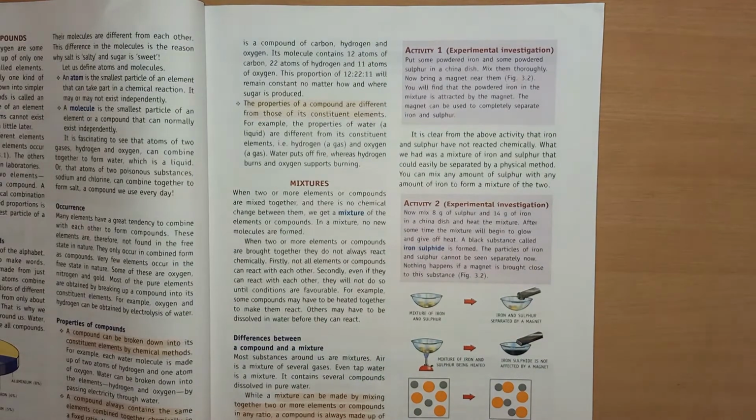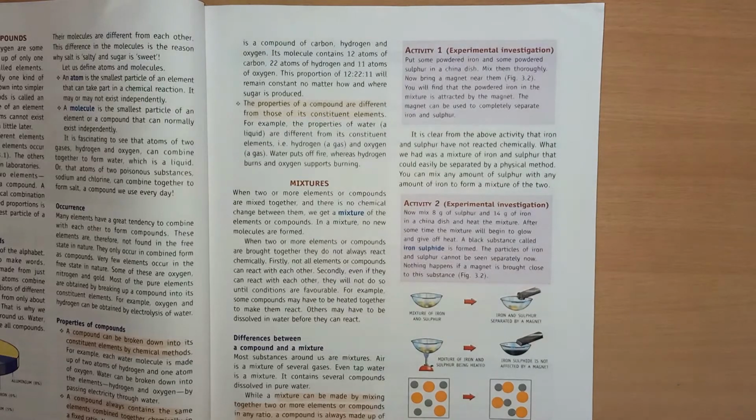So this is what I am trying to explain. If you take 8 grams of sulfur and 14 grams of iron and heat them in a china dish, after some time it will begin to glow and give off heat, and a new substance will be formed, known as iron sulfide.